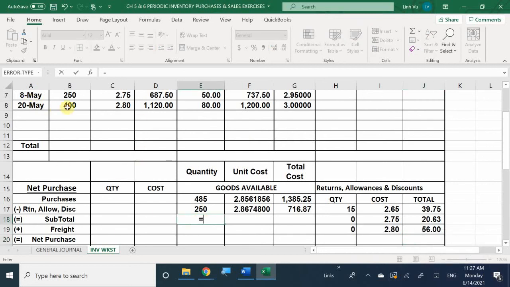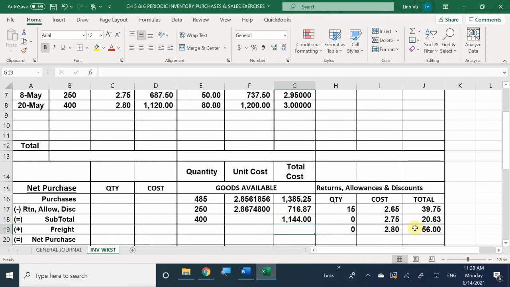Once again, no changes to the quantity, but we had a change in the total price because we didn't pay $1,200. We paid 1144. We took 1,200 minus the $56 to get, for this bill, this batch right here is going to be for $1144.